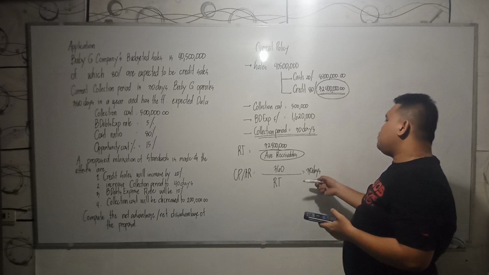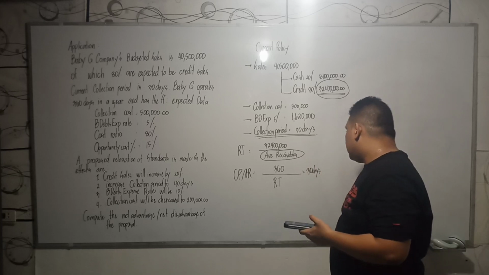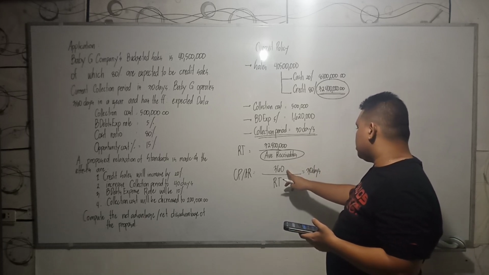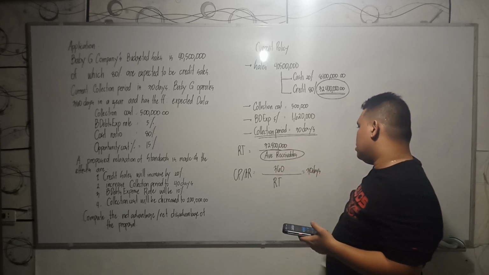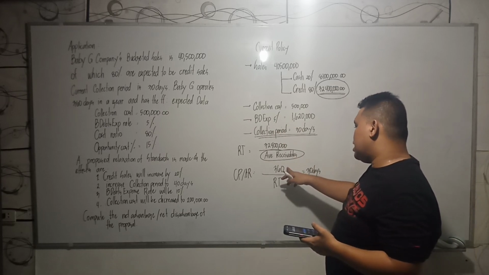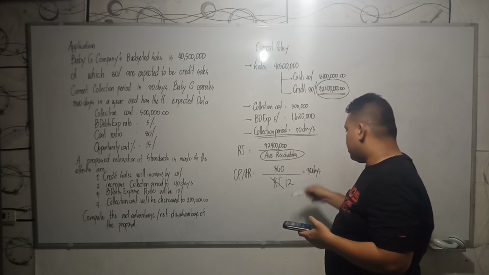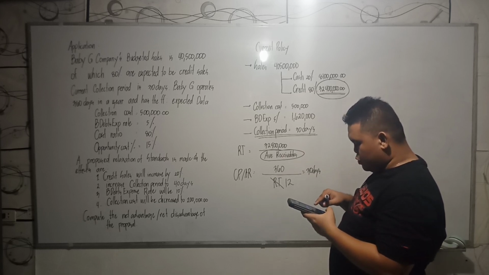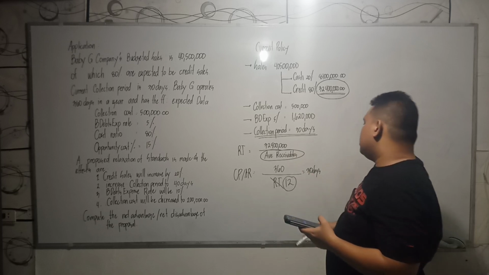Now, if you are going to solve for the receivable turnover, use 360 days for a shortcut. If you don't want to have a long solution by means of algebra, you can immediately have 360 days over 30, and you will get 12. Let me confirm, 360 divided by 30 days, you have 12. It's right.